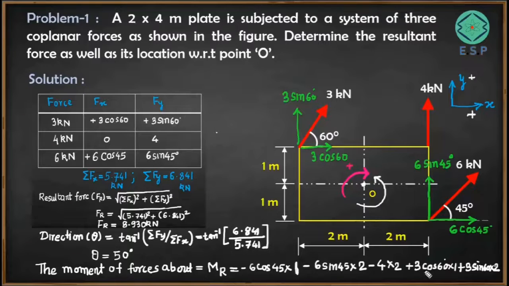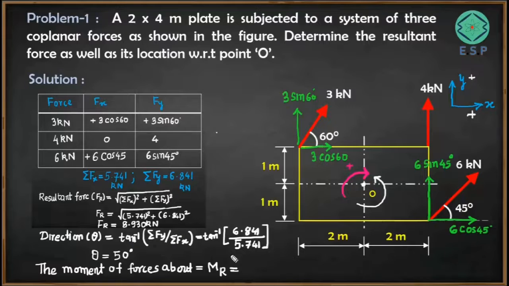So if I simplify this, you'll be getting the resultant moment about point O. I'm taking it with respect to point O, friends. So let me solve this. If you simplify this, the value of Mr you will be getting as minus 14.03 kilonewton meters.